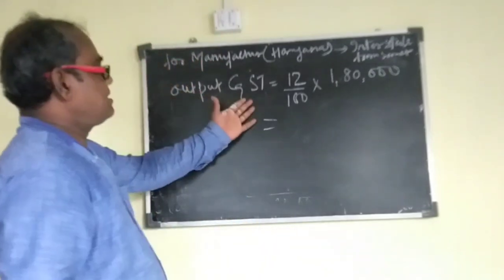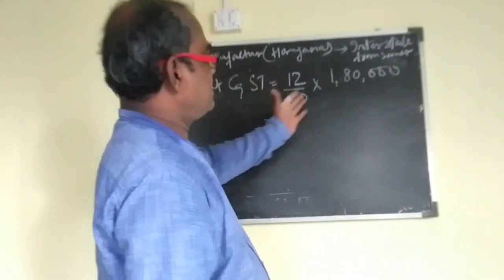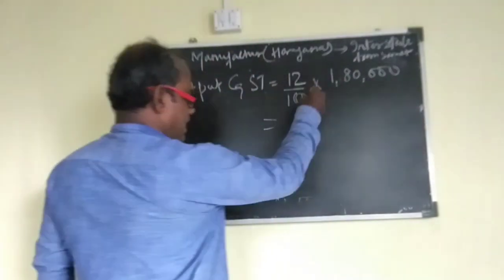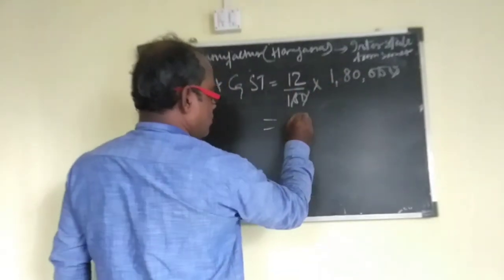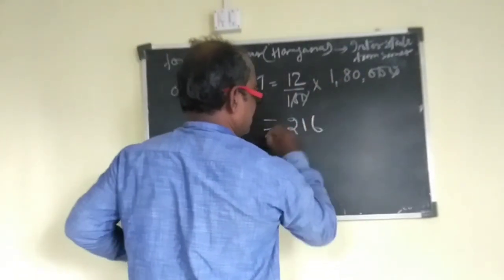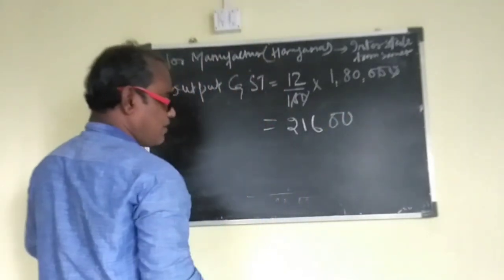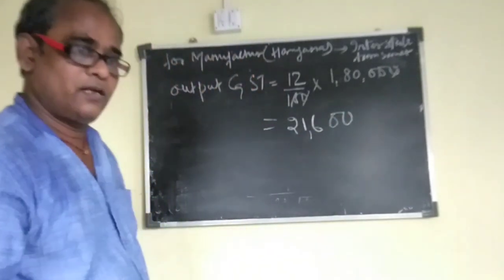So output GST for manufacturer is 12% of 1,80,000. Now if we calculate this, we get 12 into 18 is 216, remaining 2 zeros. That is what we are getting? We are getting 21,600 rupees.